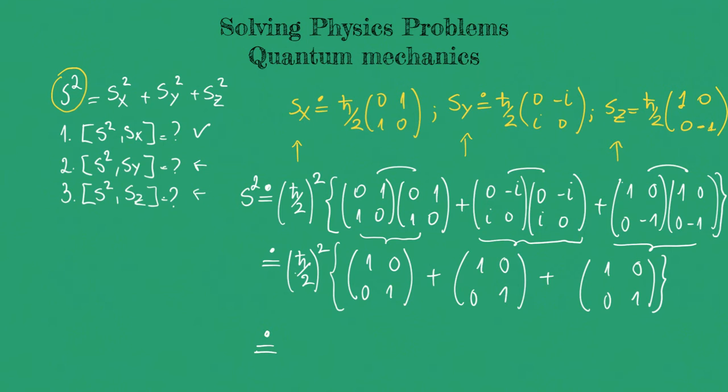Finally, if we sum these three matrices, we end up with 3/4 h bar squared times the matrix 1, 0, 0, 1. This is the matrix representation for the operator S squared.